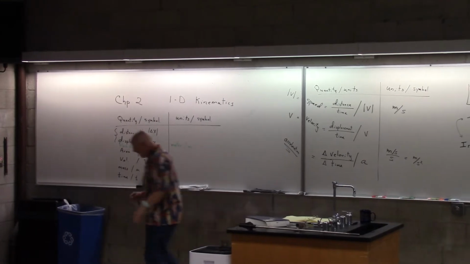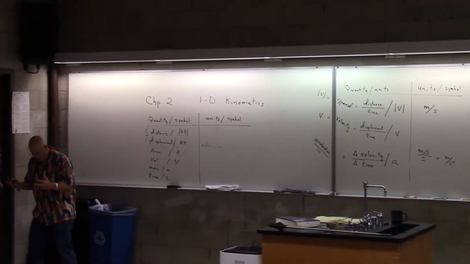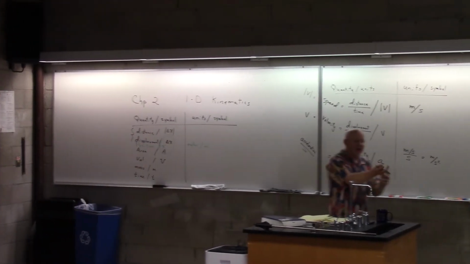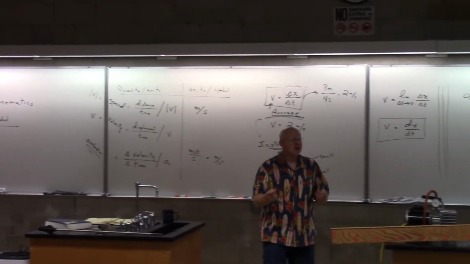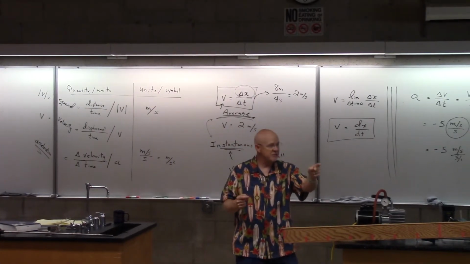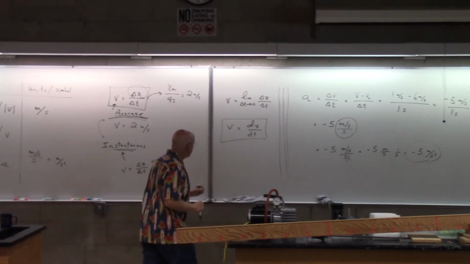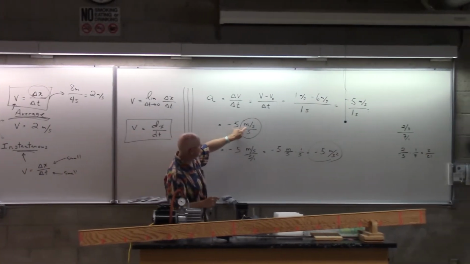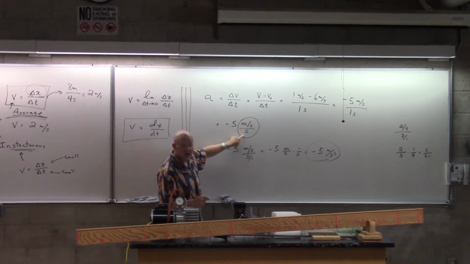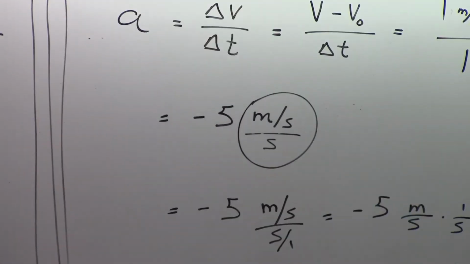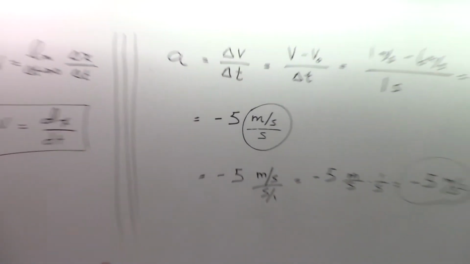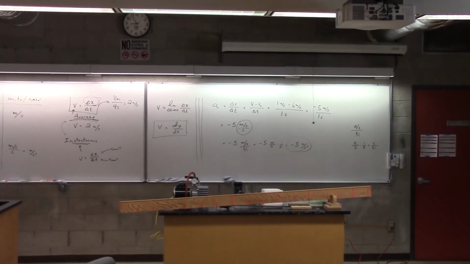But what would be my speed here if I'm going 30, and then a second later, how fast would I be going? 25, because I change my speed by 5 every second. I change by 5 meters per second each second. So I would do something like this. I would start over here with 30. I would be then losing 5, so I'd be going 25.